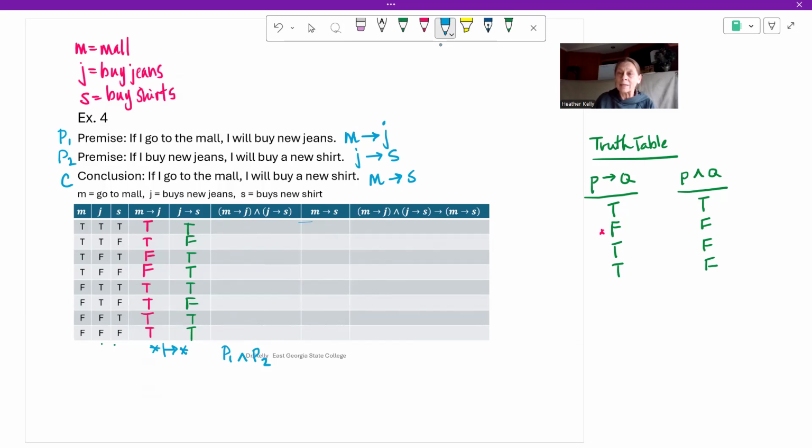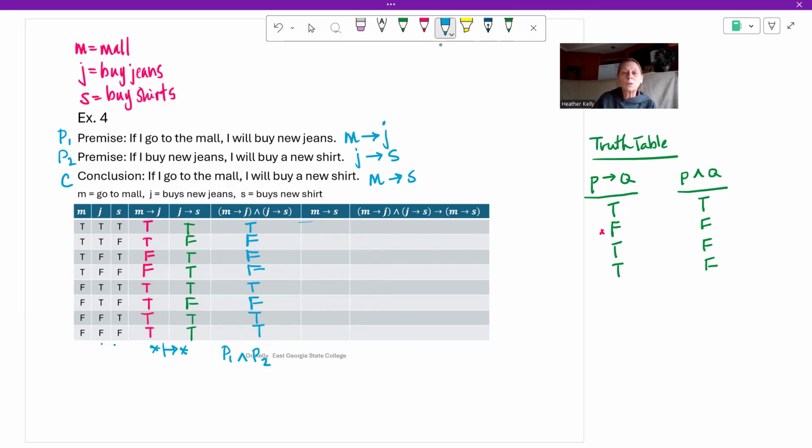And the only thing that gives you a true is two trues. So we got true, true is true. True, false is false. False, true is false. False, true is false. True, true is true. True, false is false. True, true is true. True, true is true.